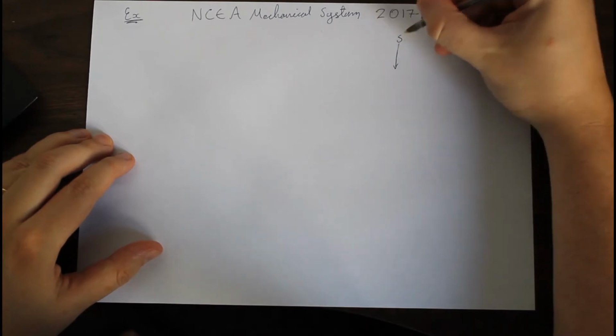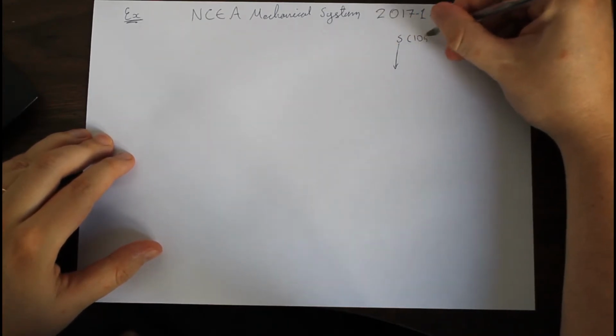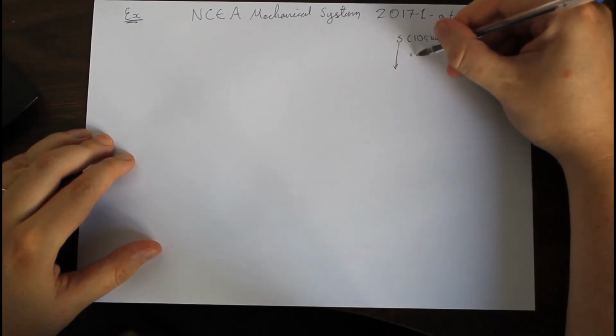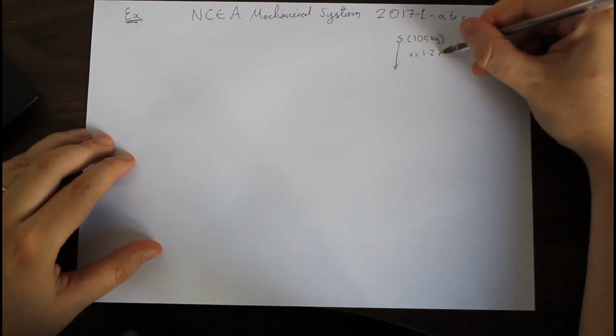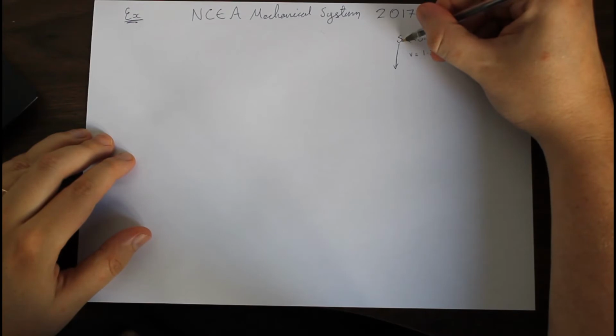This is going to be my Sam, who has a mass of 105 kilograms and is moving with a velocity of 1.2 meters per second. That's Sam.